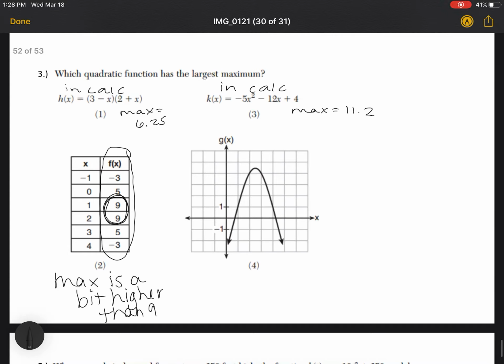The reason it wouldn't be showing up on this table is it's probably at a decimal point value, and obviously this table is not showing any decimal points. Max here for choice 4 is going to be at its vertex, which looks to be at about 4.5. Okay, they want the one that's the largest, so it's looking like choice 3 at 11.2 is going to be the highest maximum.